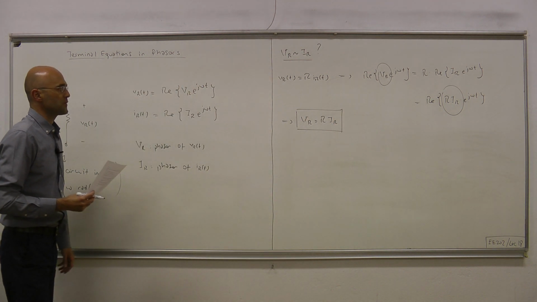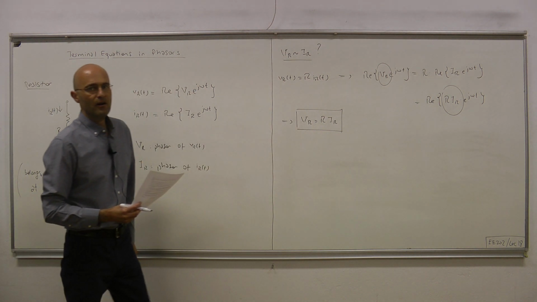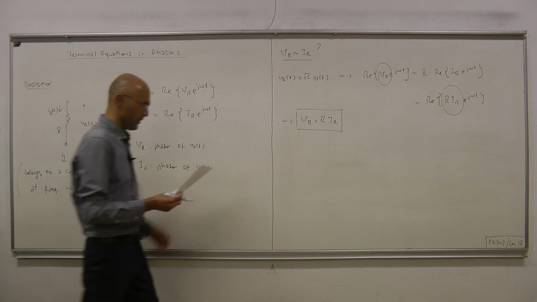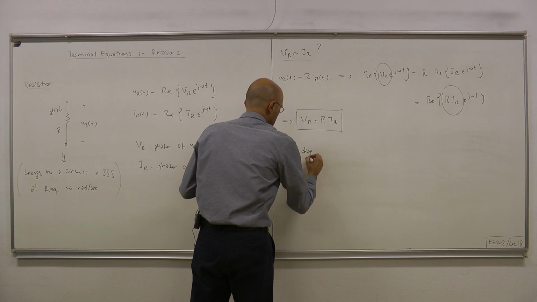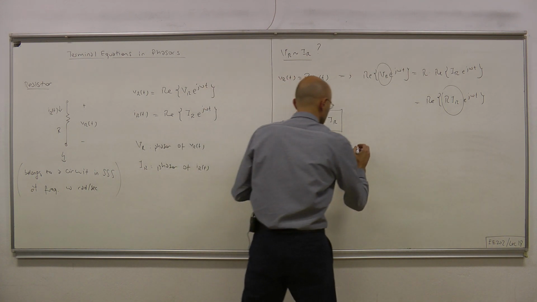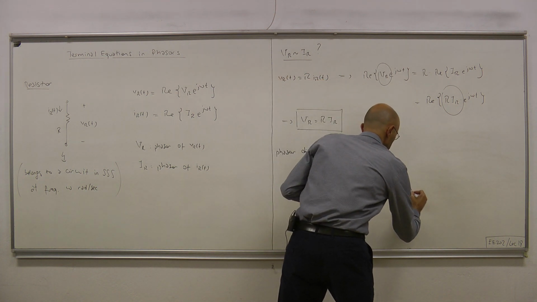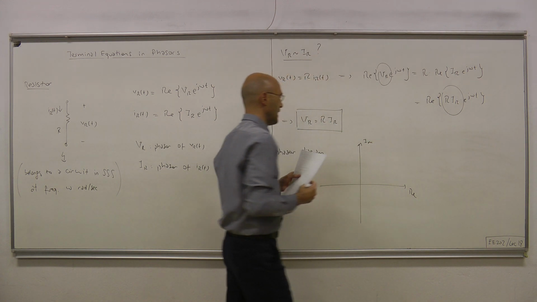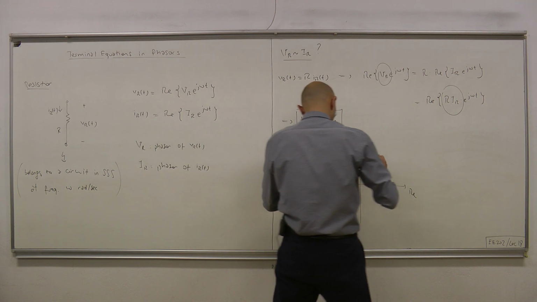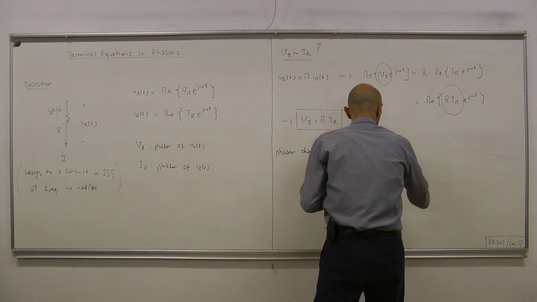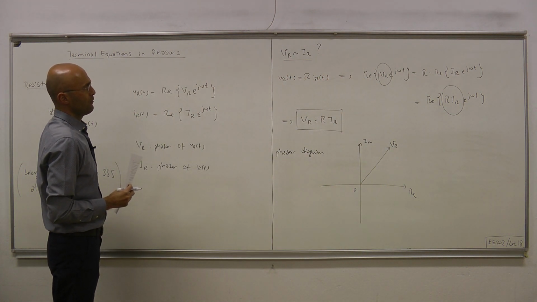Okay. Now let's represent VR and IR through their phasor diagrams. This is the complex plane, real axis, imaginary axis, origin. And suppose that this is the phasor of the voltage VR.